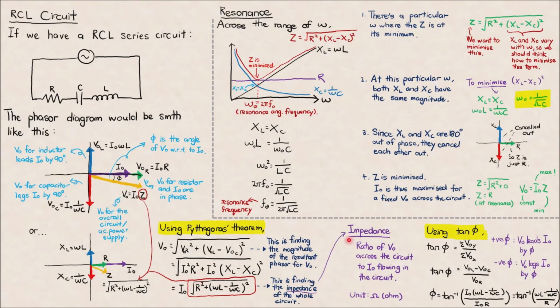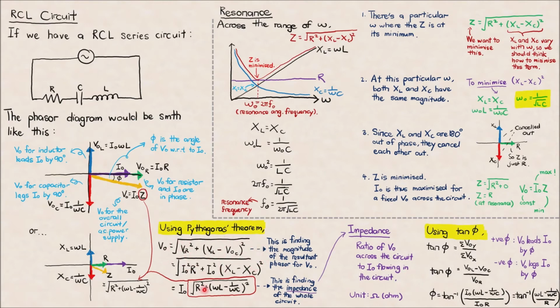The direction here is just to tell you the direction of the voltage. The overall voltage, how much is it phase different from the current? The Z here does not carry any direction actually. The Z here is just a value, and the value can be obtained through this formula because you know that the V naught are all related to I naught in this sense.